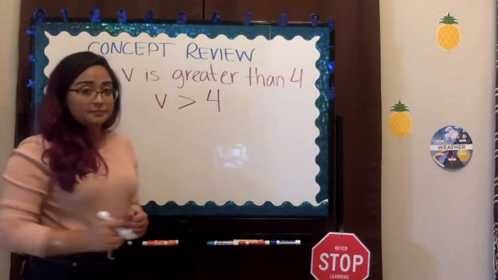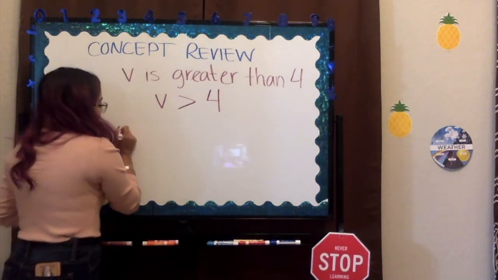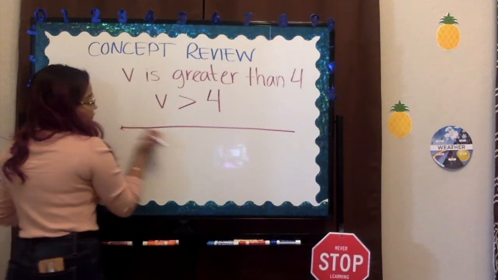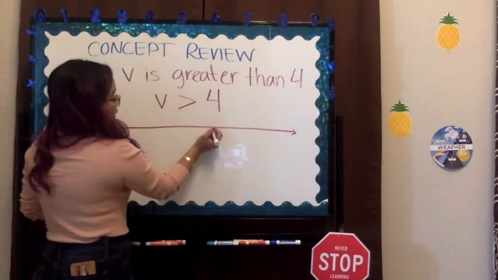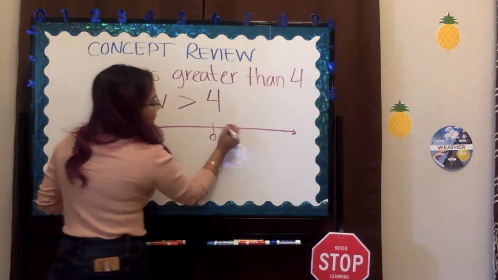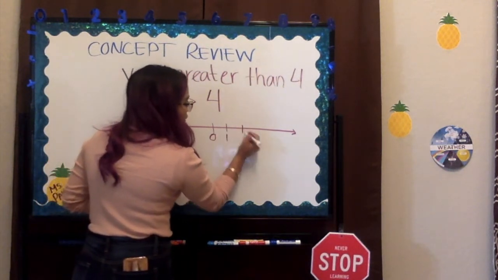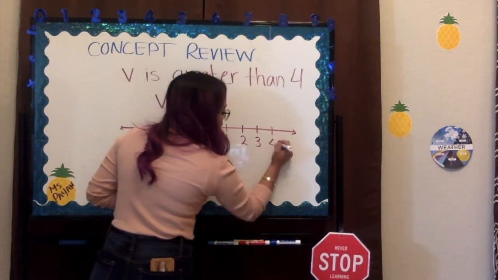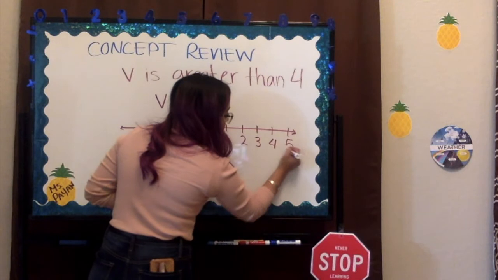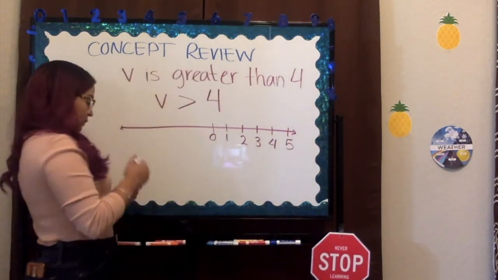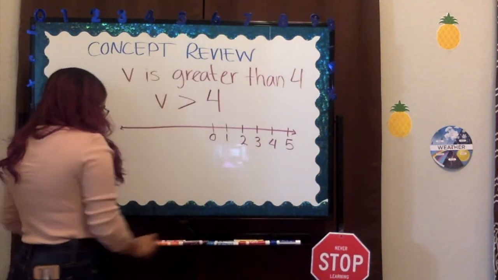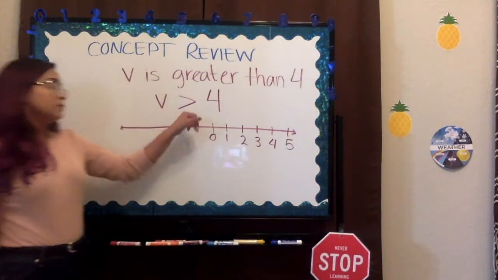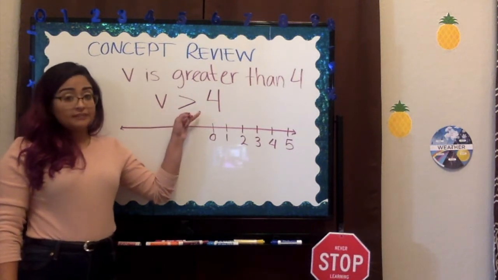Now, let's graph it. To graph these, we need a number line. Okay? In the middle, we have 0. We have 1, 2, 3, 4, 5, and it continues, right? Now, our symbol is greater than.